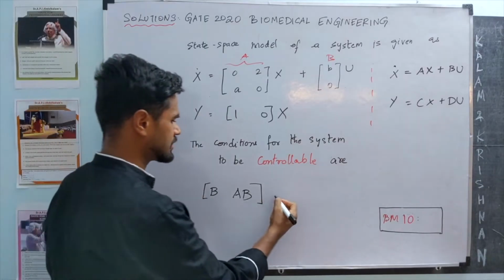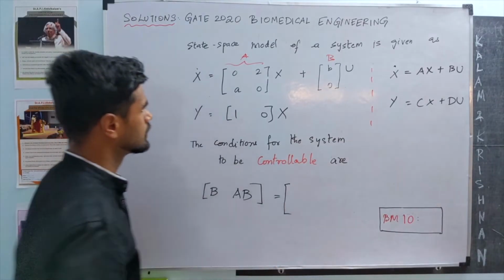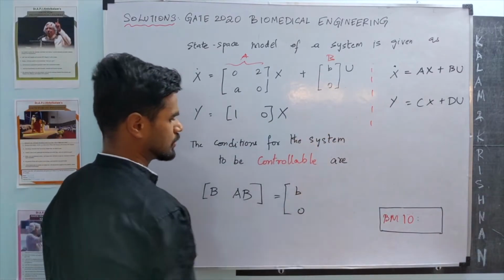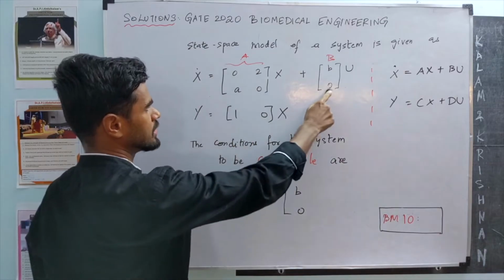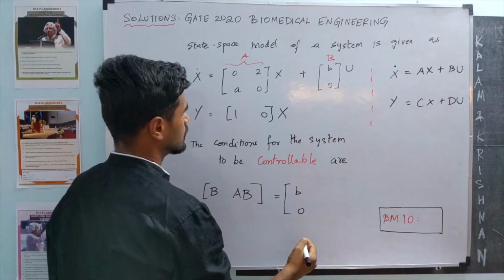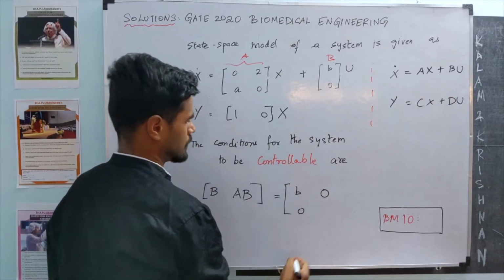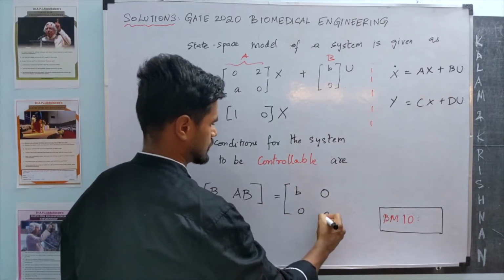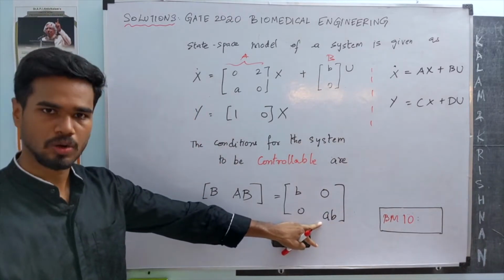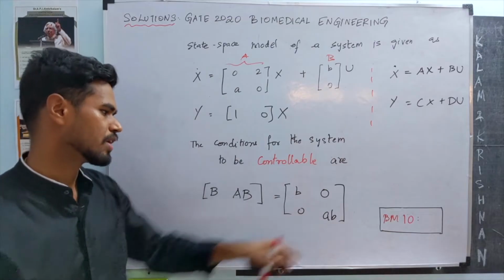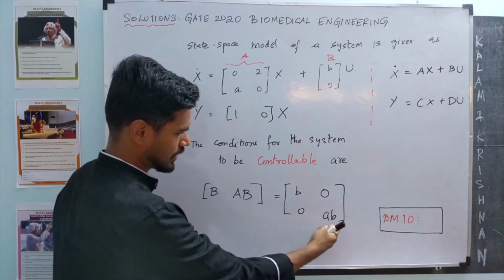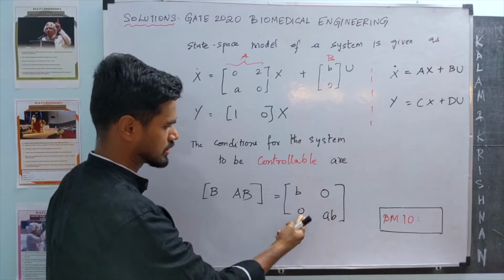So let's write down this matrix. In this case, B is this matrix, b comma 0. AB is the product of this matrix and this matrix, that is 0 plus AB. So this is the controllability matrix. It needs to have full rank. When will that happen? Both these columns are independent of each other because these two terms are 0.